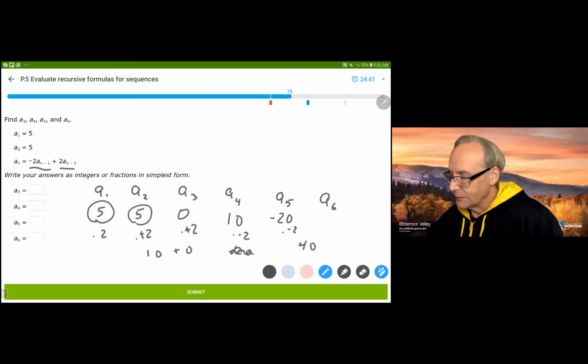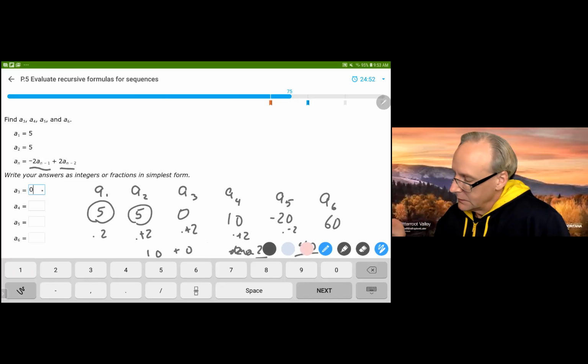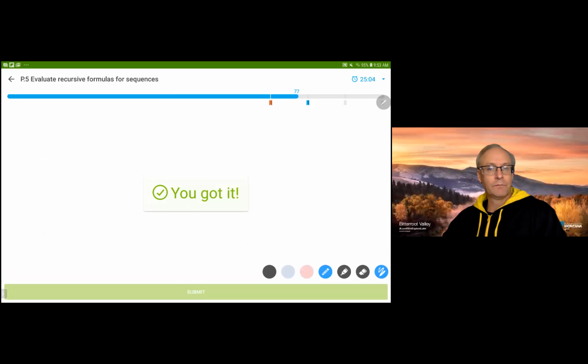And we're going to take this one and multiply by +2, which gives us the 20. And when we add those together, we get our 60. So it looks like we have 0, 10, -20, and 60. Assuming I didn't do anything silly like I did last time.